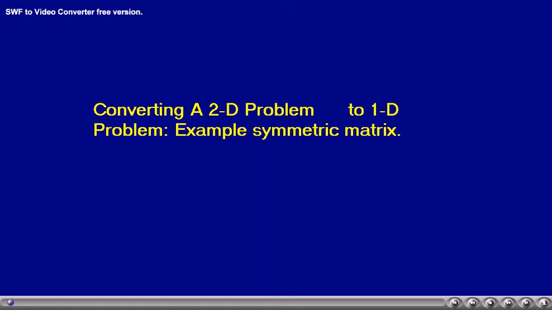Thus, in this program, we propose to reduce the memory wastage, and at the same time we want to convert a two-dimensional problem into a one-dimensional problem. We would like to store the lower triangular portion of the symmetric matrix into a one-dimensional array and propose how the elements can be accessed.